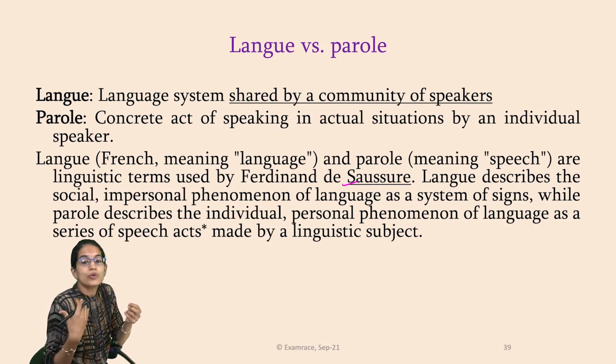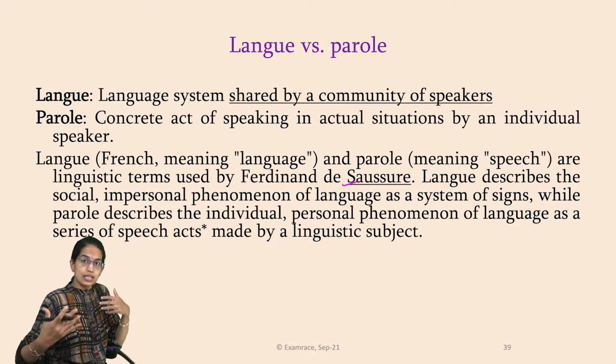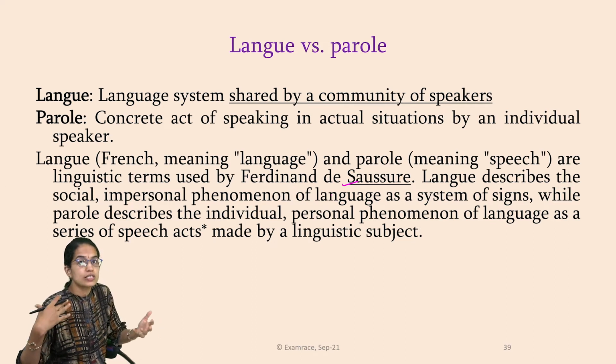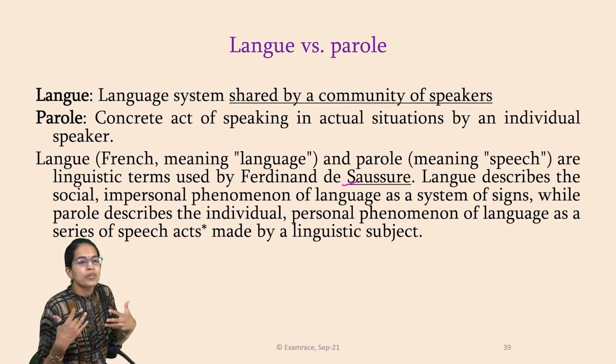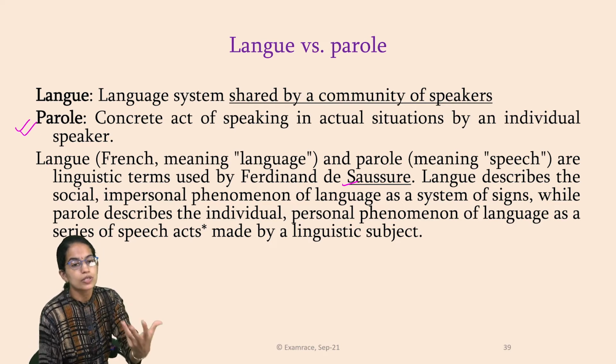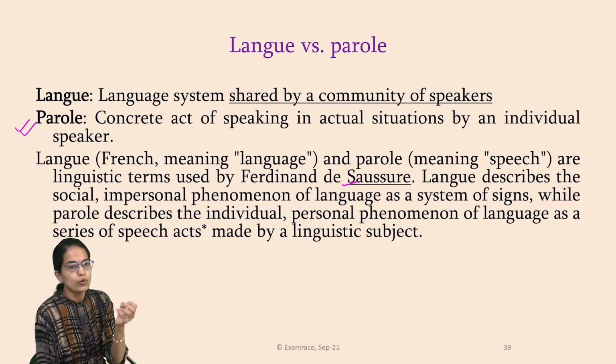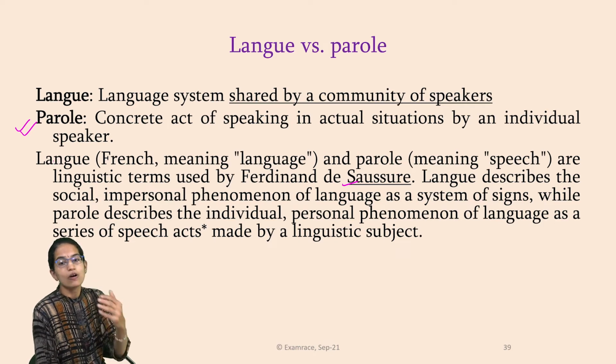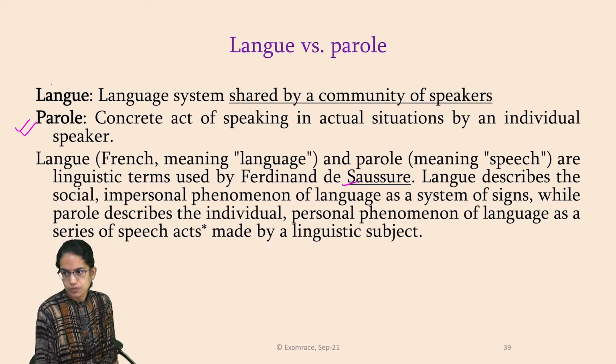Parole is how you speak in an actual situation and it is more personal. It is a series of gestures, expressions, speech acts that would be done, and this is a parole, how the speaker actually puts the point into view. Langue is how it is shared by the community of the speaker.